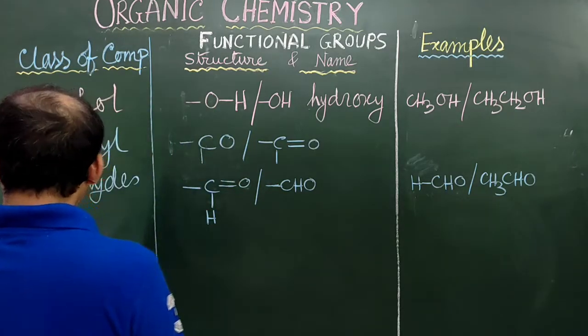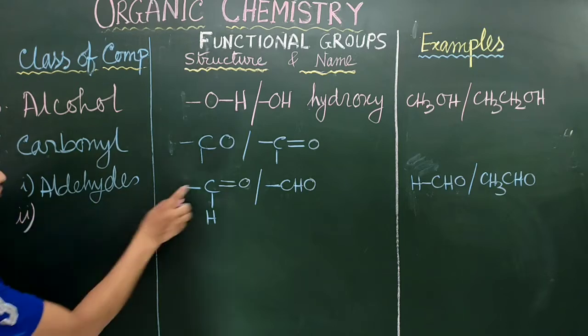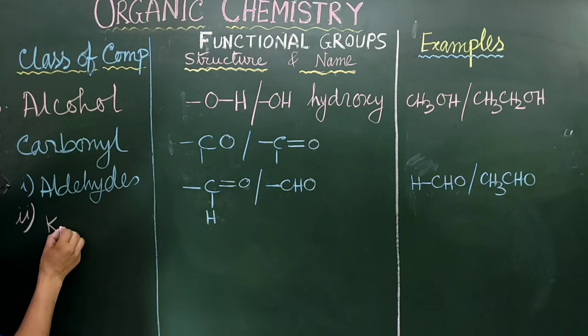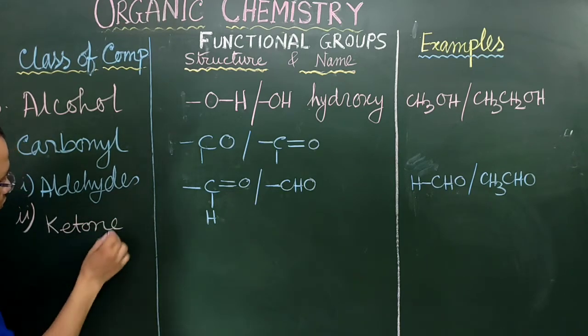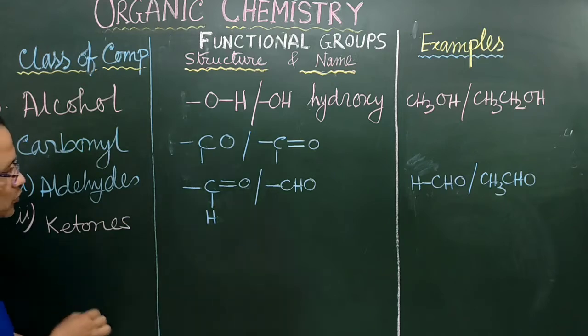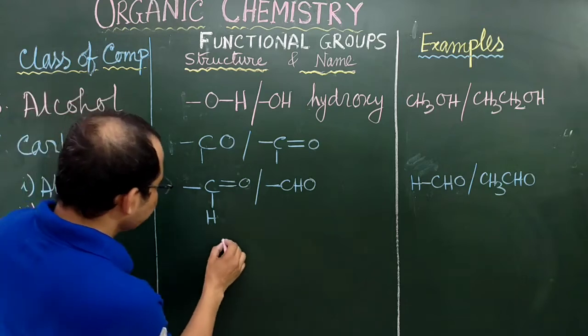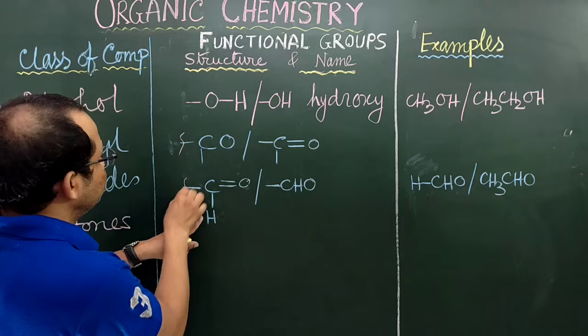Now come to the next one, that is the carbonyl group which will contain one R group here. Then this compound is termed as ketone, or this category is known as ketones. Now what is the difference between this and ketone? In ketone it will be R group here, and essentially this will be R group.